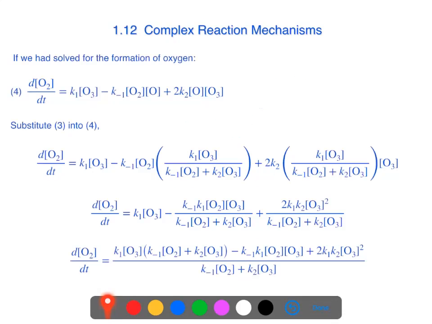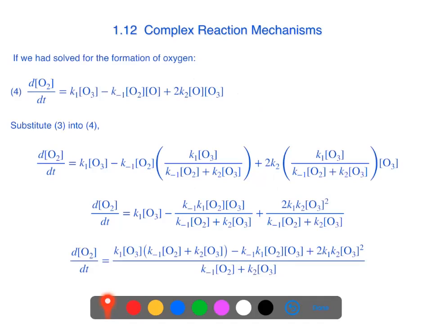Now, one last thing I'd like to discuss is that in this particular question, we were asked to solve for the decomposition of ozone. And I just showed you in the previous slide that using that information, we can come up with a rate law expression for the overall reaction. We could have solved for the formation of oxygen to get to that same point.